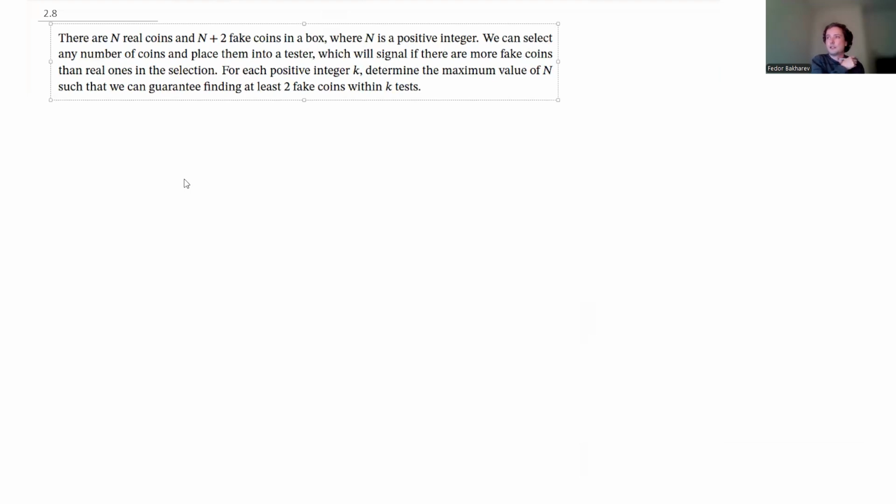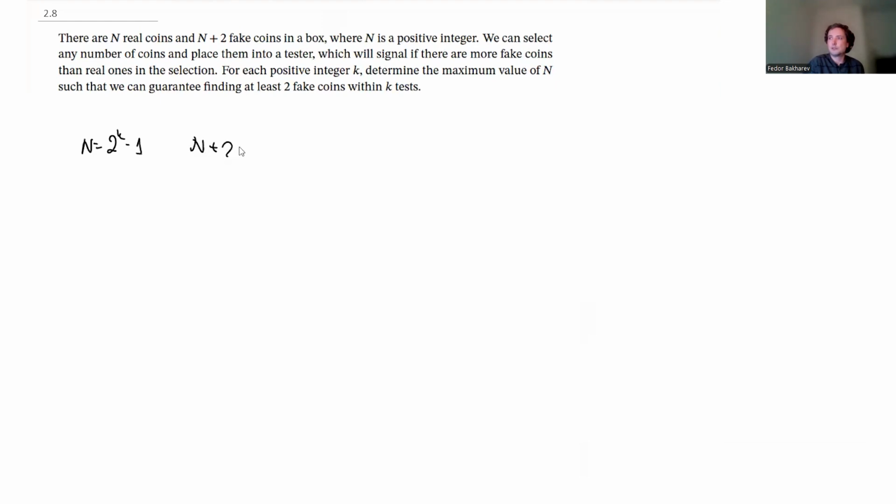So the answer is the following: the maximum value of n is 2 to the power k minus 1.